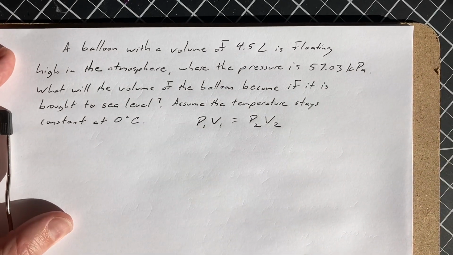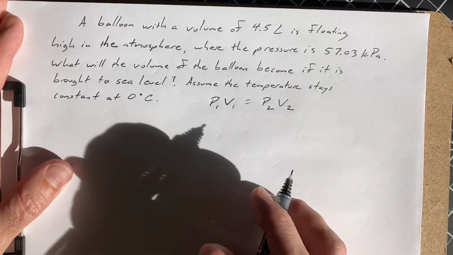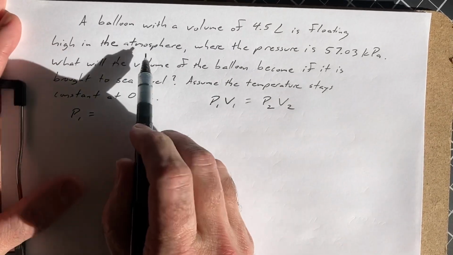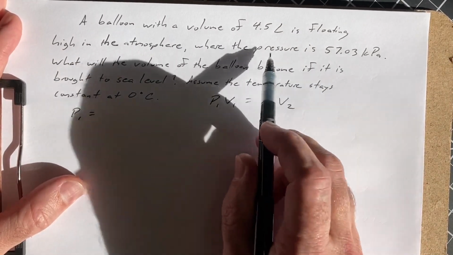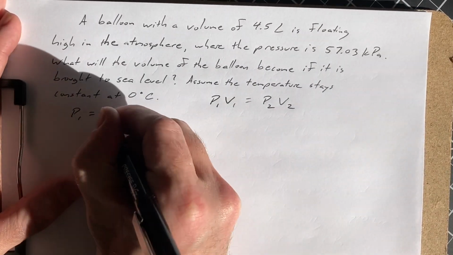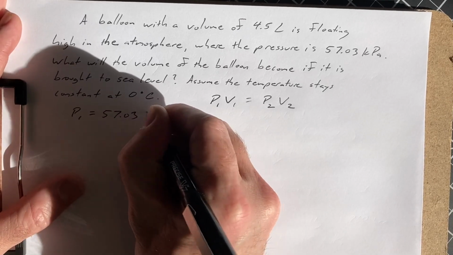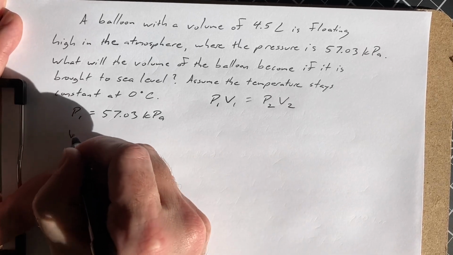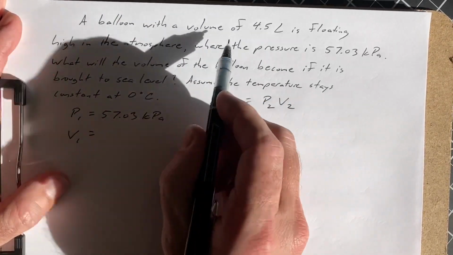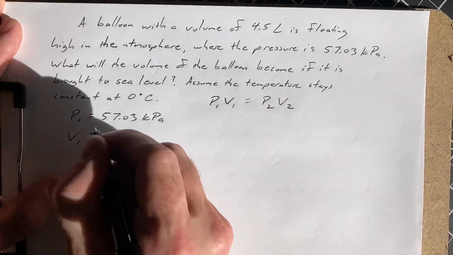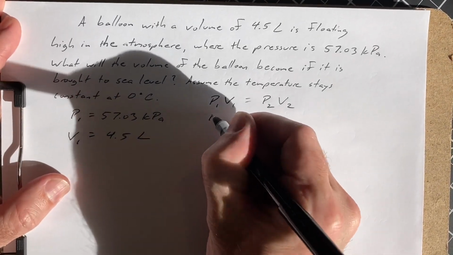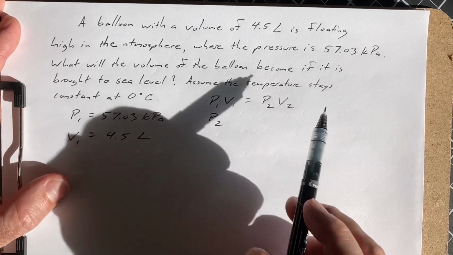All right, what are our values for these? P1, our starting pressure. We know that it is floating in the atmosphere where the pressure is 57.03 kilopascals. What's our V1? What's our starting volume for our balloon? It tells us 4.5 liters. All right, what's our P2?